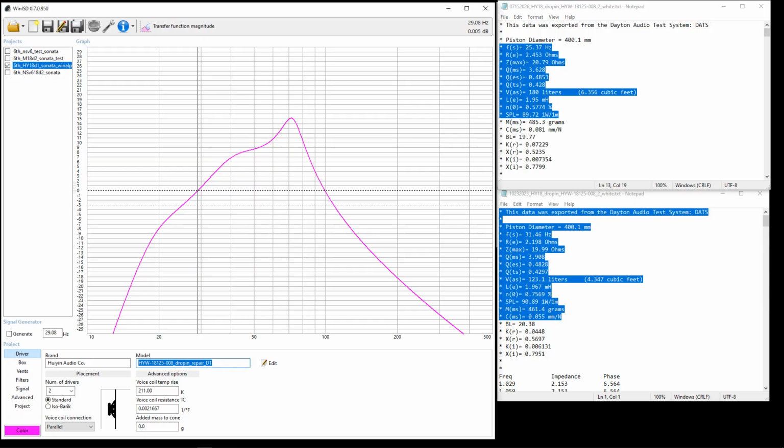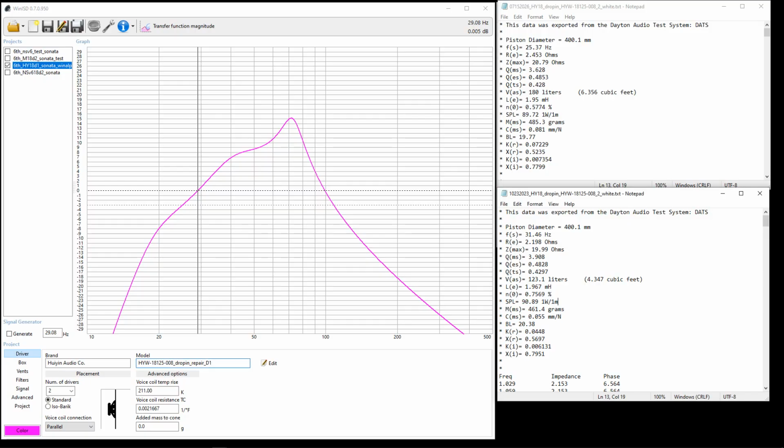The response graph here in WinISD is the parameters 3 years ago. I could reload the new parameters and this graph would change slightly, but that's not important at the moment. The important thing to note is how the parameters changed.